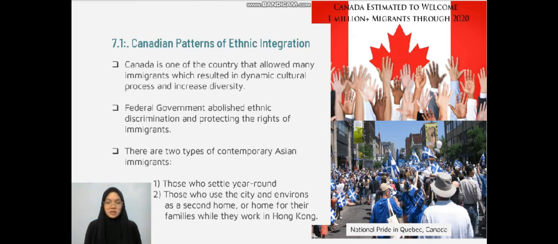Asian immigration is most notable along the west coast of the country, and the city of Vancouver and its hinterlands in the province of British Columbia host two types of immigrants from Asia: those who settle year-round and others who use the city and environs as a second home or home for their families while they commute to work in Hong Kong.